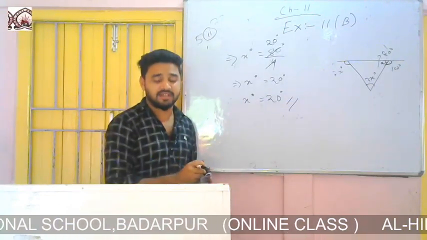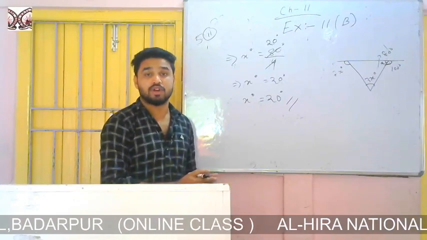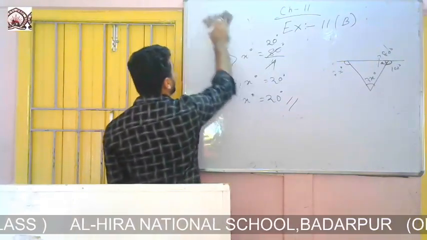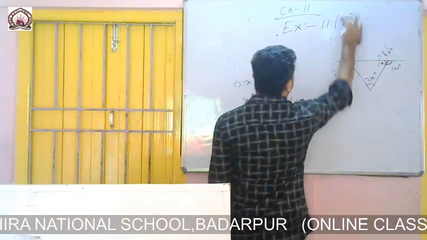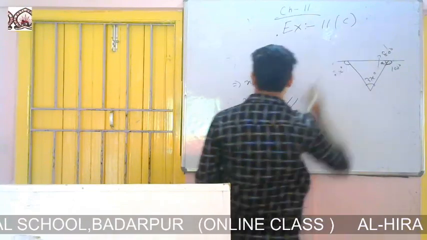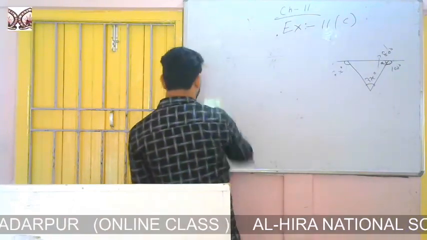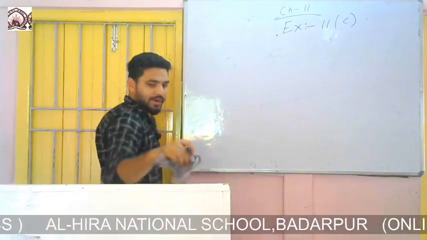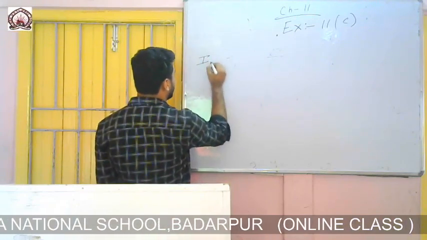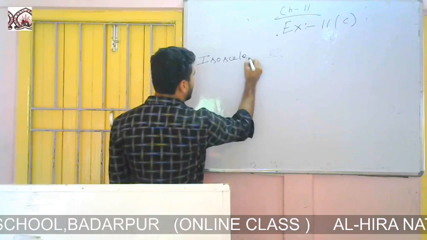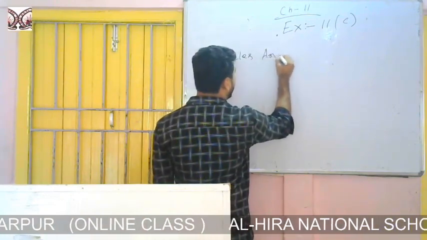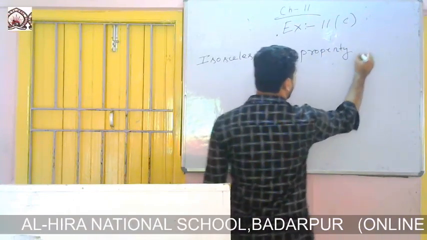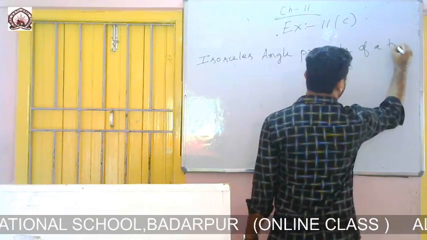Before solving exercise 11c, we will discuss one property of a triangle, that is the isosceles angle property of a triangle.